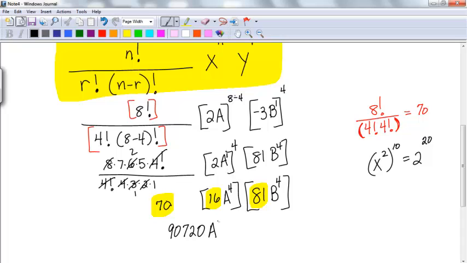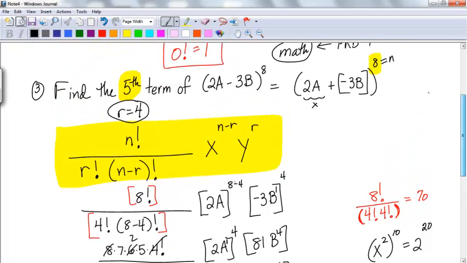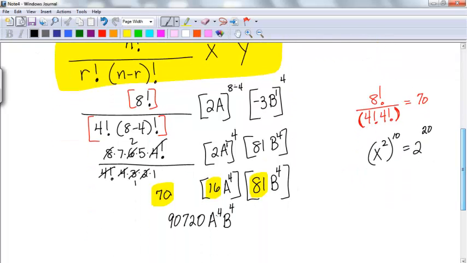And then a to the fourth and b to the fourth. And you know the exponents should add up to 8, because our exponent here is an 8. We know our exponents should add up to 8 down here, and they do. That would be the fifth term, and that's much quicker finding it that way than to expand the whole thing. Any questions on that formula?